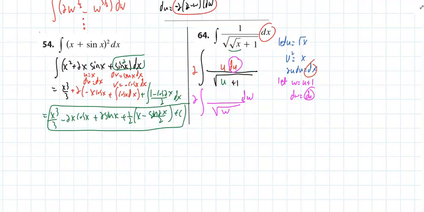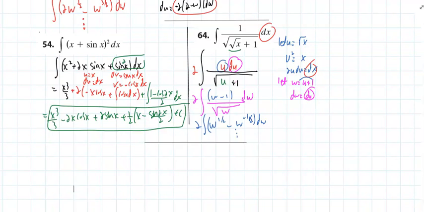And guess what? u would be w minus 1. And why is that significant? Because that's w to the 1/2 minus w to the negative 1/2. And you could wrap it up. Again, don't forget to go back from w to u and u to x.